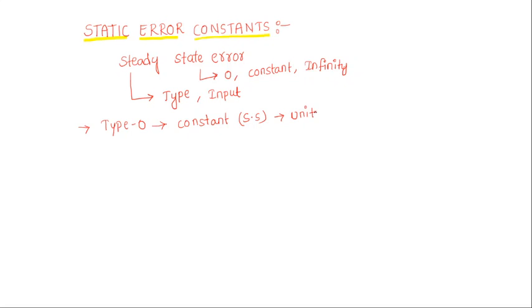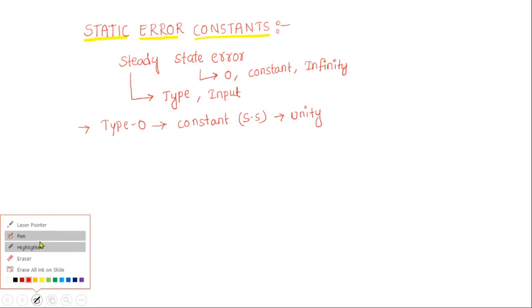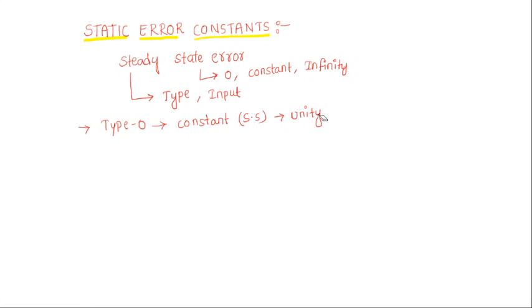Type 0 means the number of poles at the origin is 0. So the type 0 system has constant steady state error only when the input is unit step.